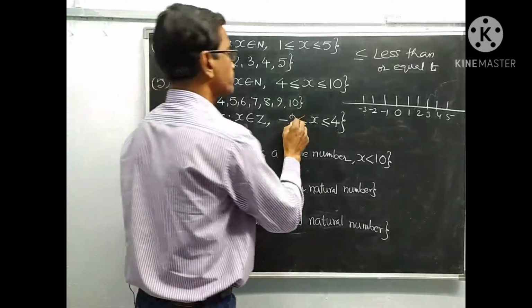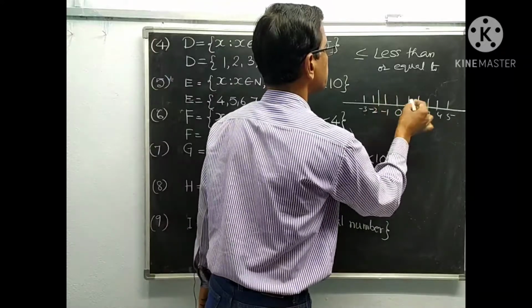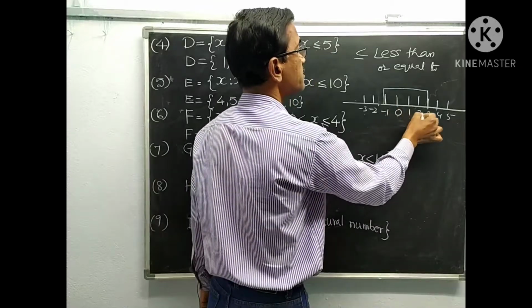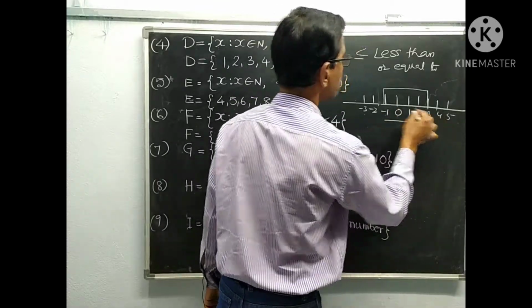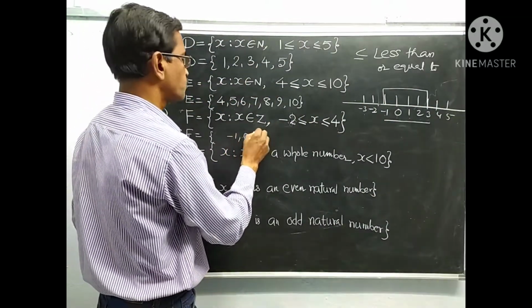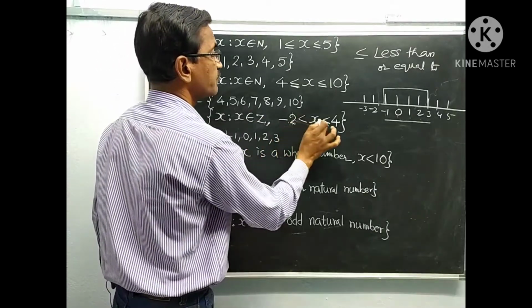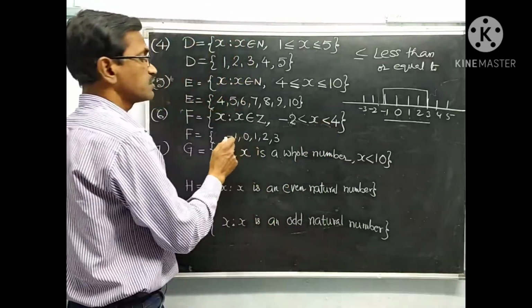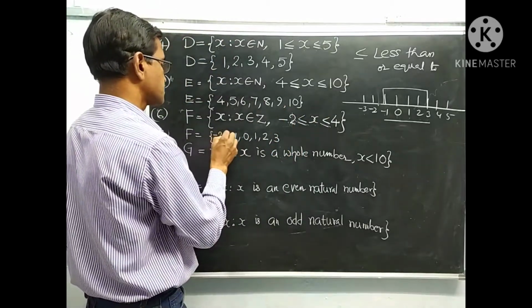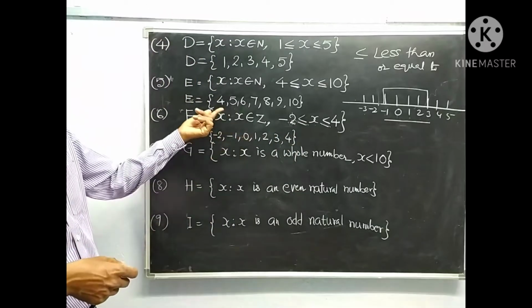The elements between -2 and 4 are -1, 0, 1, 2, 3. When there is no equal to symbol, we have to write like this. When the equal to symbol is given, we have to take -2 and 4 also. This is the roster form of this set F.